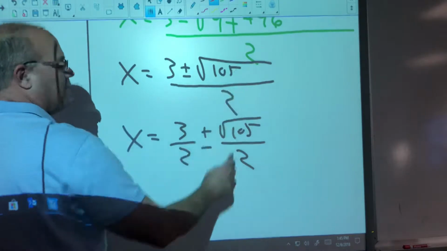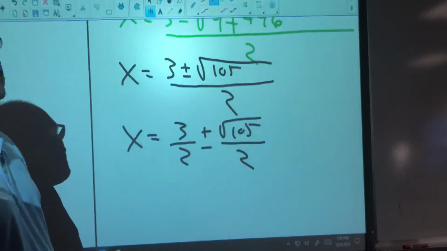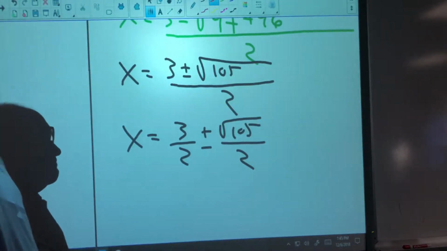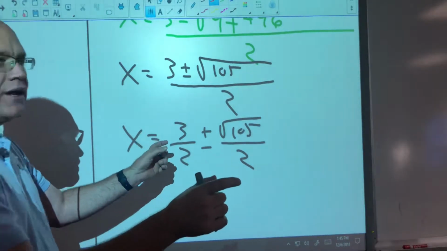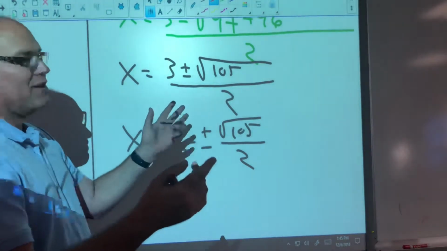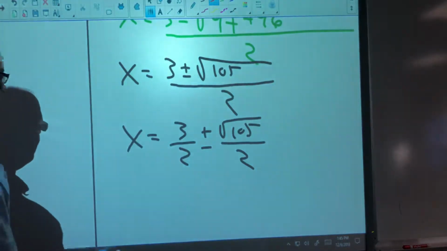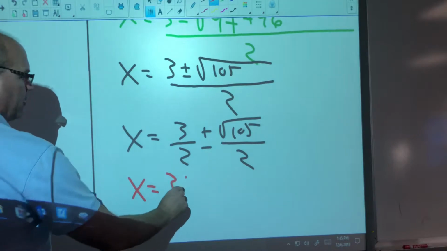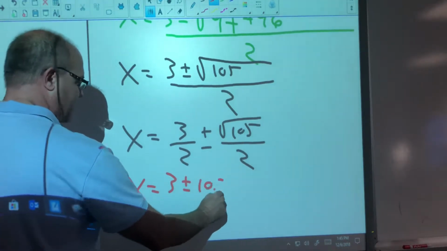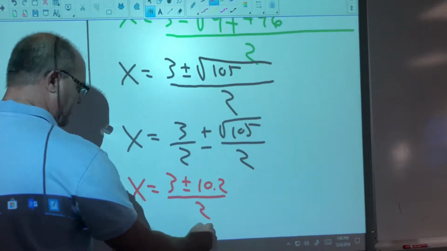What's the square root of 105? It's about 10 point, I don't know, 100 is 10, 121 is 11, so I'm going to say maybe 10.2. So x equals 3 plus or minus 10.2, divided by 2.